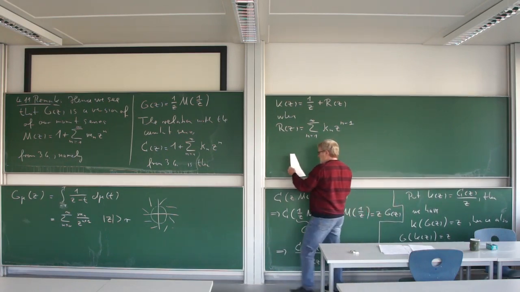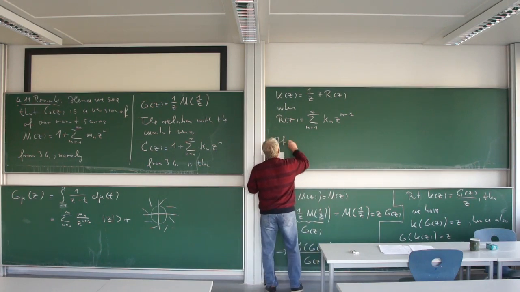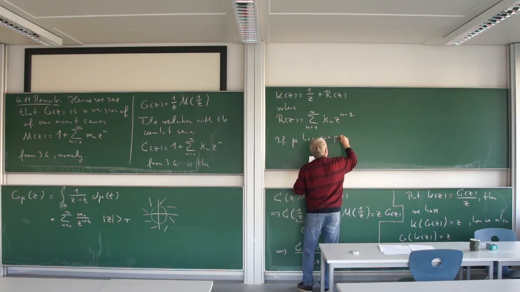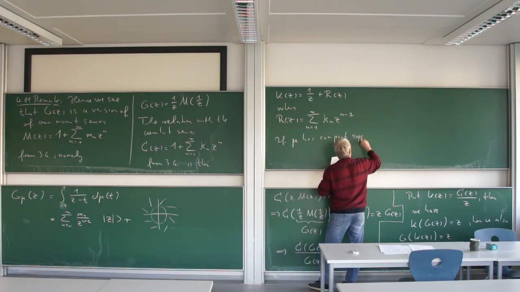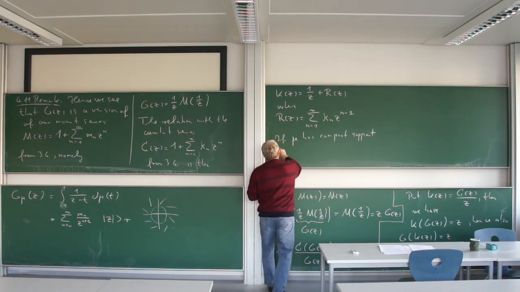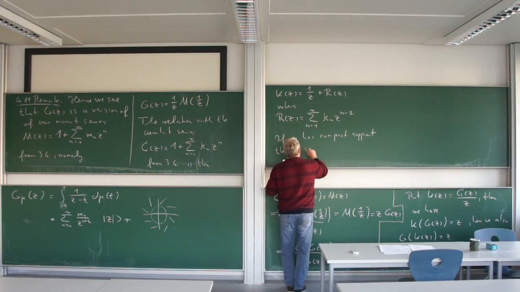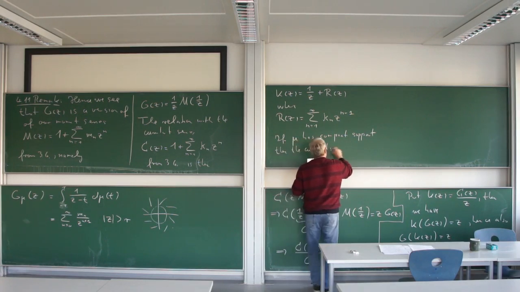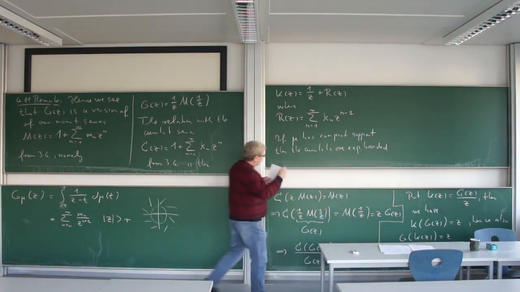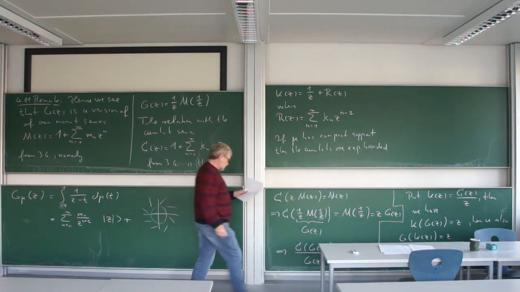Okay, but maybe let me just write here my remarks. Compact support. And in this section, we are only dealing with this equation, and the cumulants are exponentially bounded. Because the moments are exponentially bounded, it is the same as the cumulants being exponentially bounded.